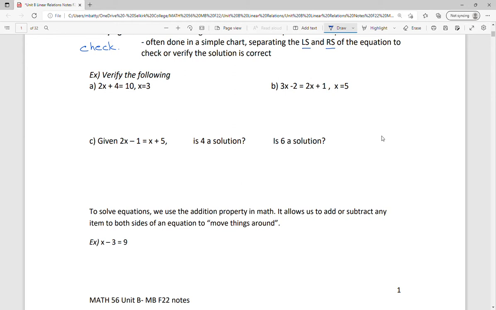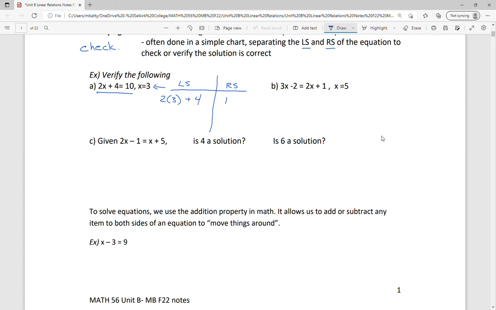For A, here is my equation and my potential solution. To verify this, I would take the left side of everything over here and the right side of everything over here. So I'm going to evaluate the left side with x equaling 3. I've got 2 times that 3, because that was the x I'm subbing the 3 in for, plus 4.